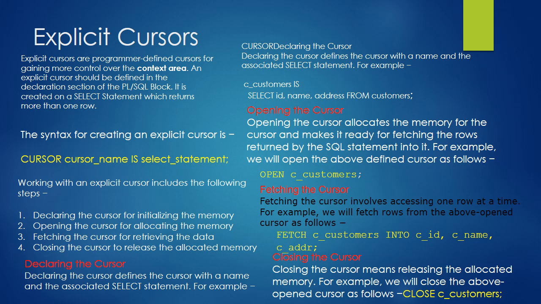Working with an explicit cursor includes the following steps: declaring the cursor for initializing the memory, opening the cursor for allocating memory, fetching the cursor for retrieving data, and closing the cursor to release the allocated memory.